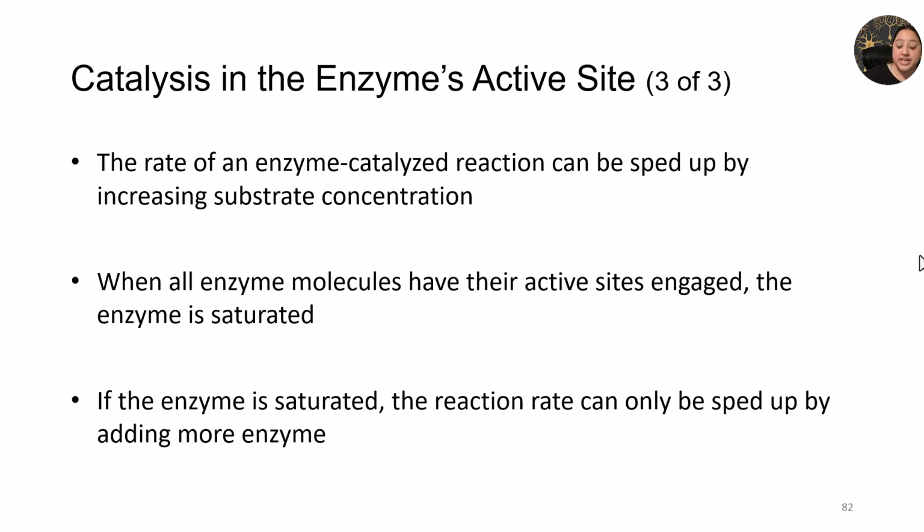So when all enzyme molecules have their active sites engaged, then this enzyme is saturated. If the enzyme is saturated, that reaction rate can only be sped up by adding more enzyme because all the workers are busy. The only way you can have it happen even faster is just by adding more workers.